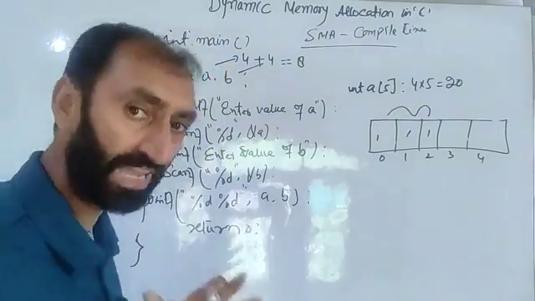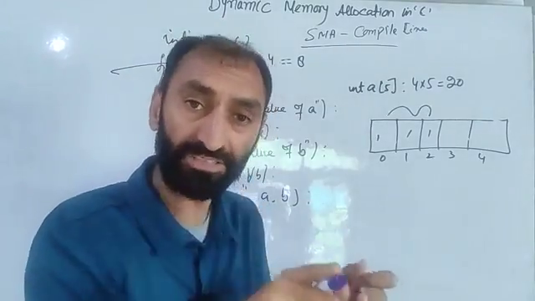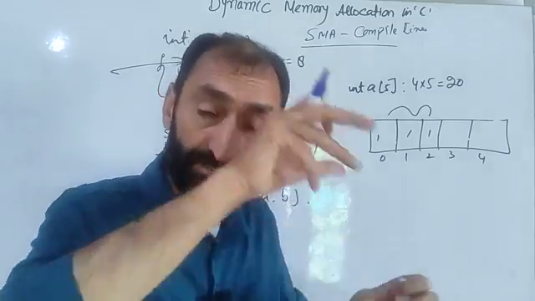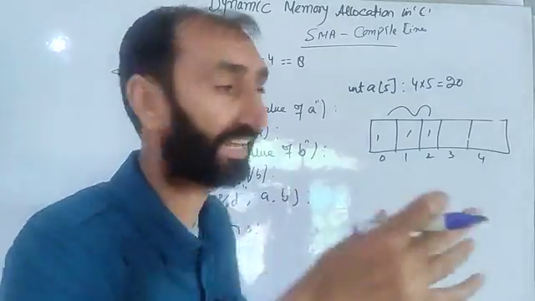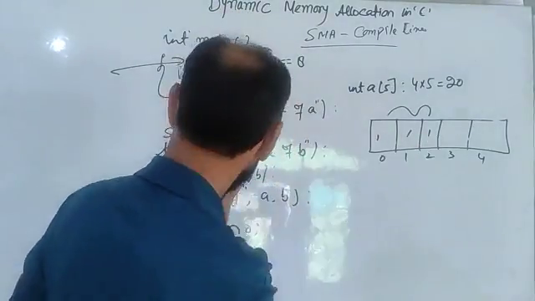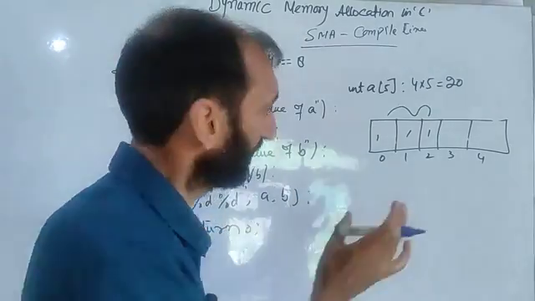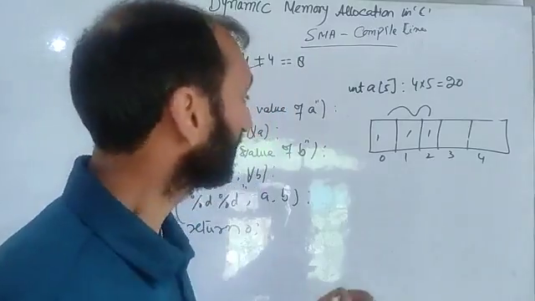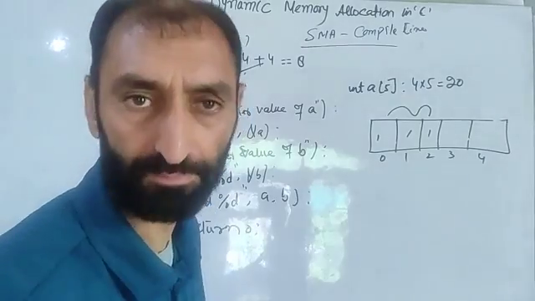Neither can I increase nor decrease the memory that has been fixed at compile time. At compile time no memory is going to be allocated, but the memory is going to be fixed. The memory that is fixed at compile time will not be modified later at runtime. So it results in either wastage of memory or shortfall of memory.